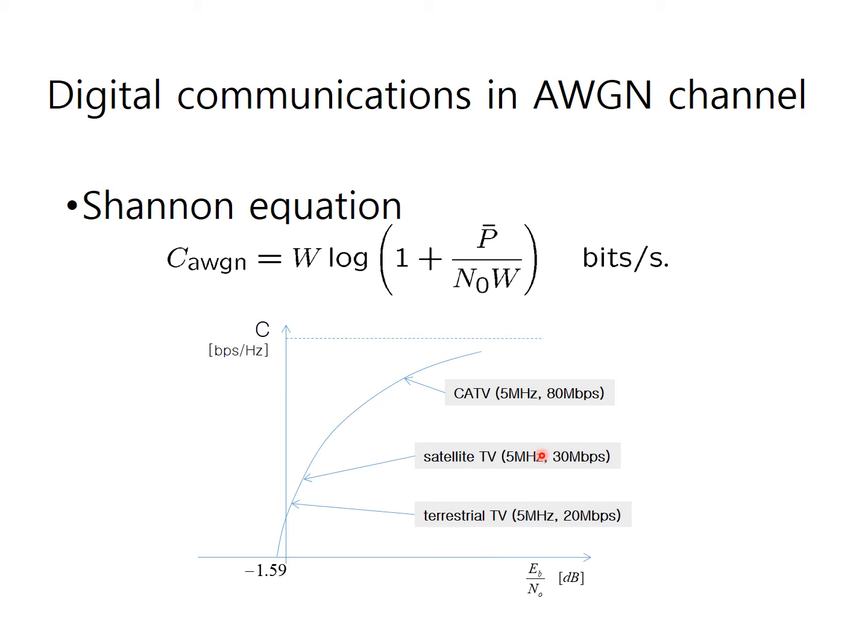Satellite TV channel and cable TV channel can transmit 30 Mbps or 80 Mbps respectively. For this reason, in cable TV, multiple sub-channels are possible in one channel.